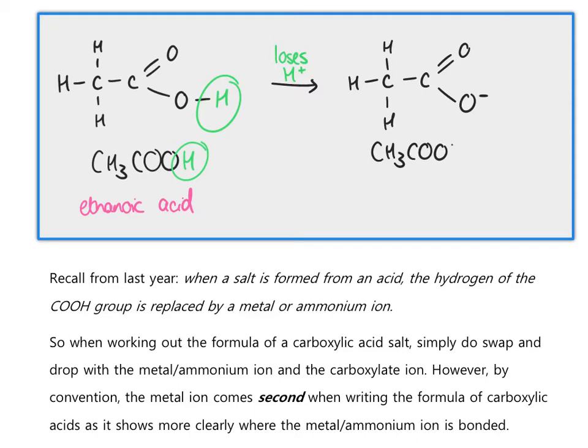So our ethanoate ion has a negative charge, just as we've seen from the formula from the back of our periodic table, and this is then what we call the ethanoate ion. This is the ethanoate ion, and at this point that's where the metal ion or the ammonium ion will go.